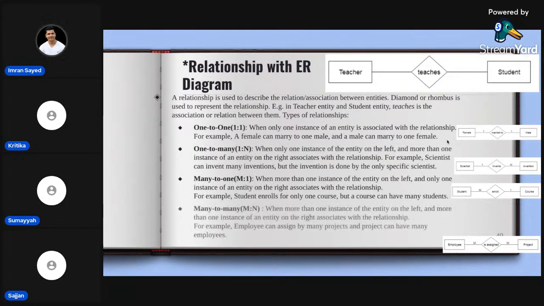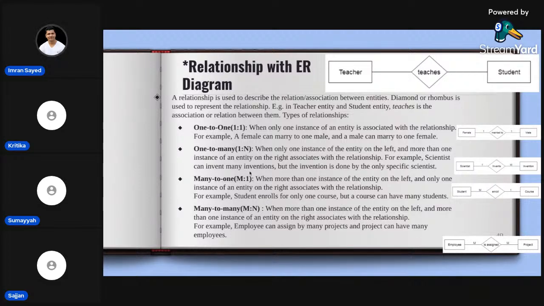Then it's asking you many-to-many. When more than one instance of an entity on the left and more than one instance of an entity on the right associate with the relationship, that's called a many-to-many relationship. It's denoted by M:N. You put M on the left, N on the right. N will always be on the right and M will always be on the left. That's the rule.